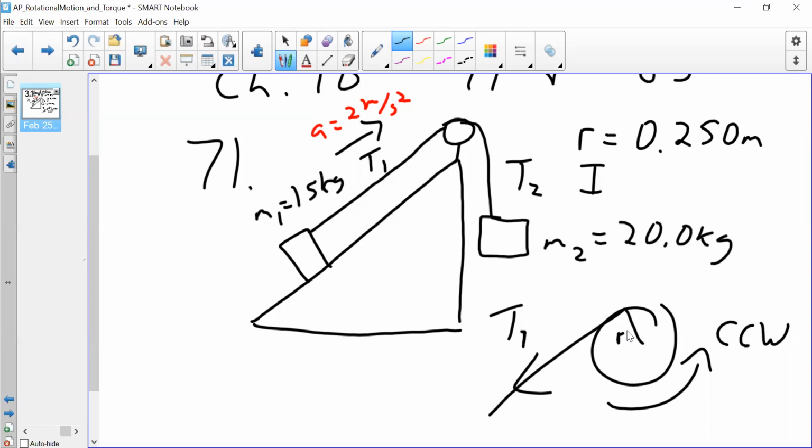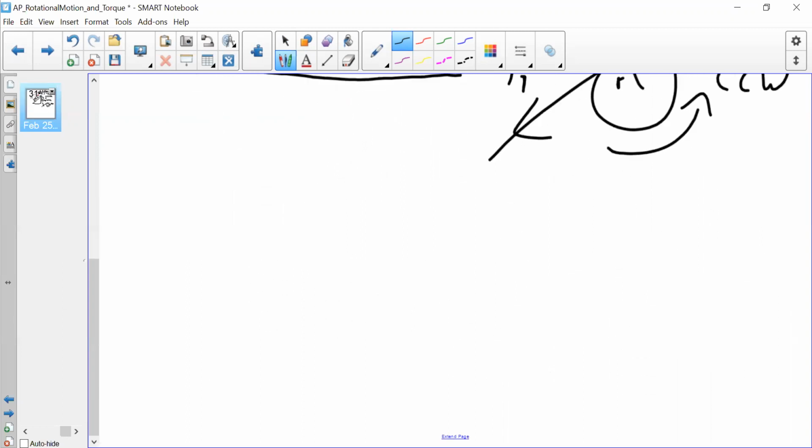So we have forces and torques, so it's important that we draw the torque diagrams and the free body diagrams. Free body diagrams should be no-brainers by now. I hope so, but that's why we're going to practice and keep practicing.